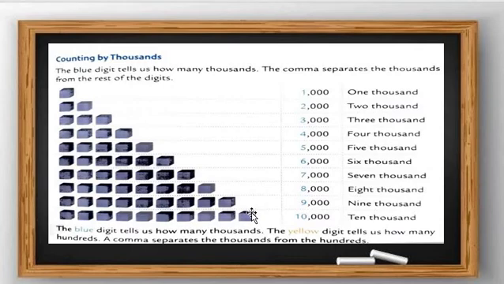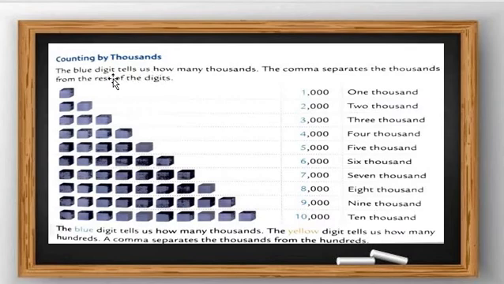Write in words, because we need to know how to write in words. Here I am explaining as we revise chapter number 1, place value. In place value, the first topic is what?